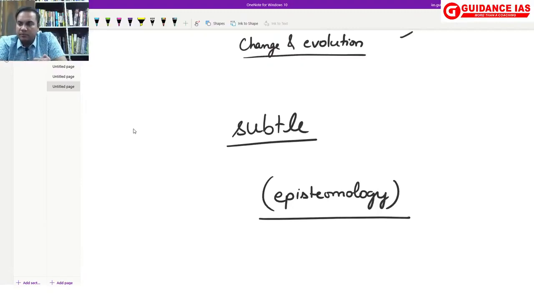According to epistemology, there are two different views, or two different perspectives, of looking at a phenomenon, that is, the realist and anti-realist perspectives.